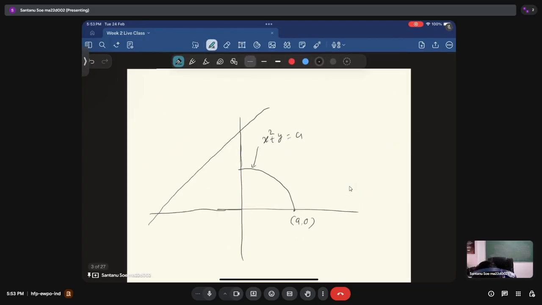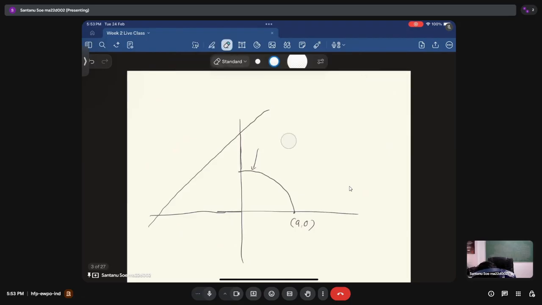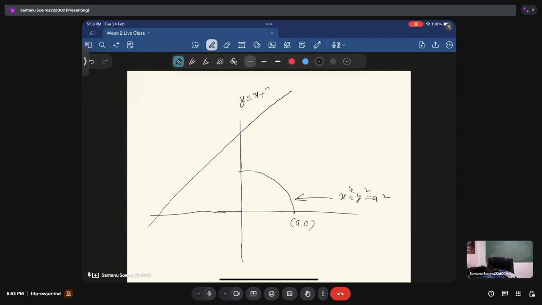Okay. So this is our circle, x square plus y square equals a square. This is the line y equals x plus 3a, and this is the line x equals a. Okay.